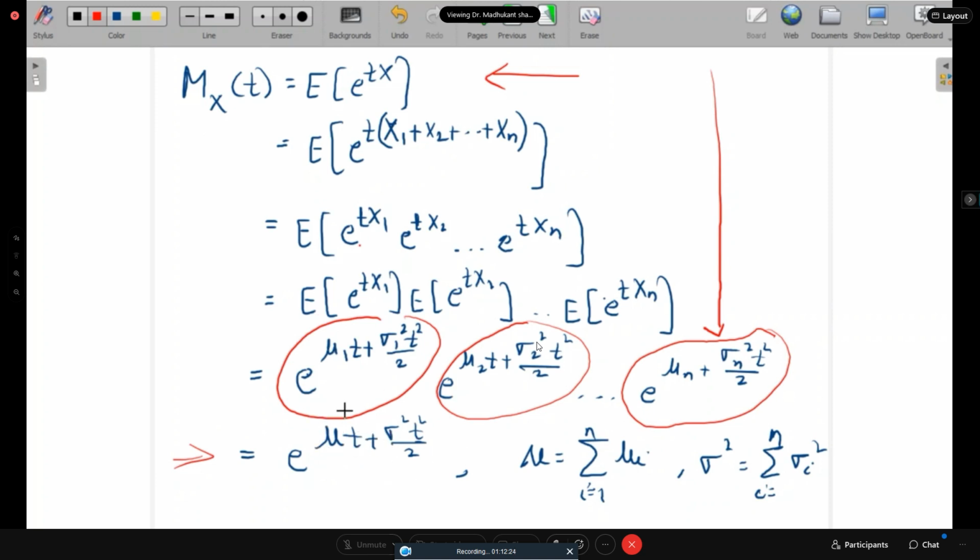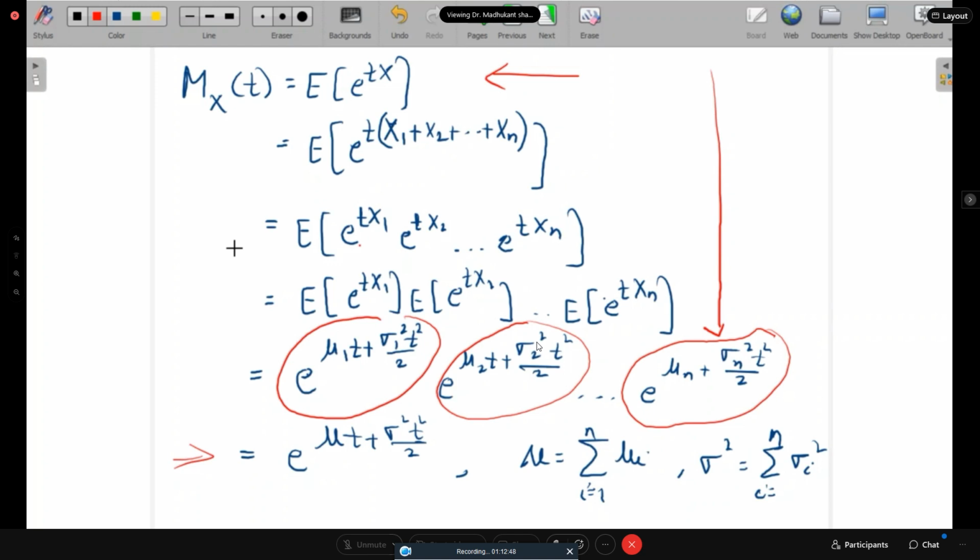So you can certainly conclude that X will follow the normal distribution with mean mu and variance sigma square. So the sum of independent normal random variables is again a normal random variable. That is very important. But independence is necessary.